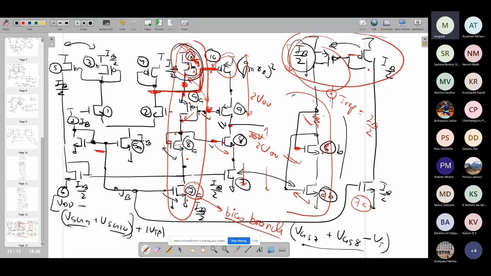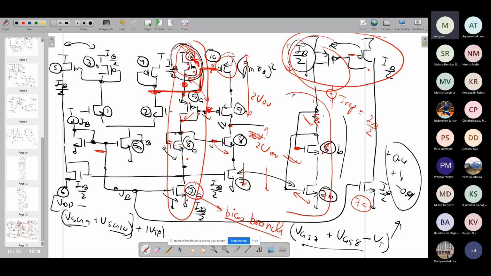So in this case, this gives you the swing at the output, and you can see that it is ultimately from plus VT to minus VT. That is what you are getting. If VT is 0.4, the swing is the output DC voltage plus minus 0.4. That's what you are going to get.